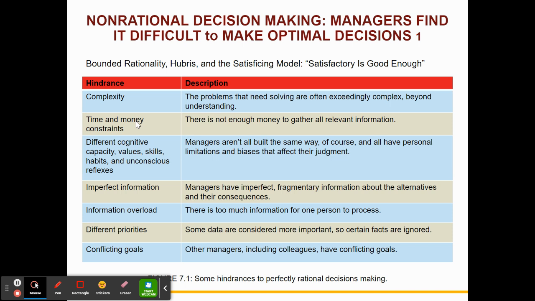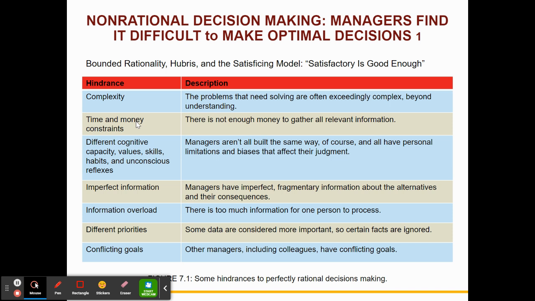So managers find it difficult to make those optimal decisions. And here are just some hindrances that hinder the decision making process. So complexity. The problems that need solving are often exceedingly complex and beyond understanding.